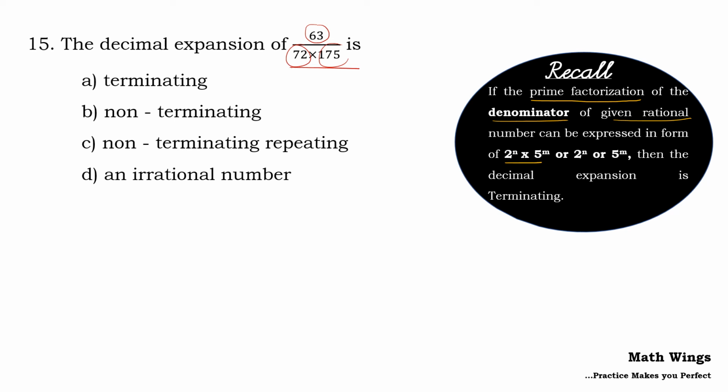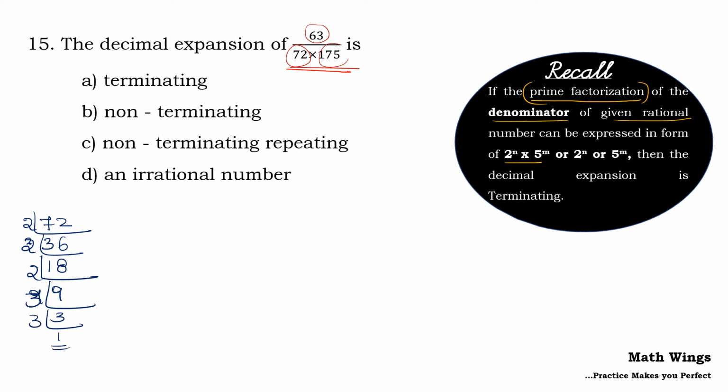So first we have to find the prime factorization of the denominator. What is our denominator over here? 72 into 175. So let us first find the prime factorization of 72. 2 3s are 6, 2 6s are 12, 2 1s are 2, 2 8s are 16, 2 9s are 18, 3 3s are 9, 3 1s are 3.